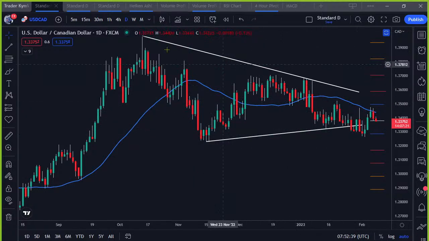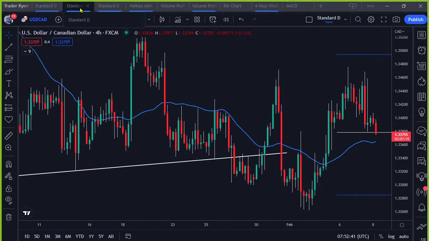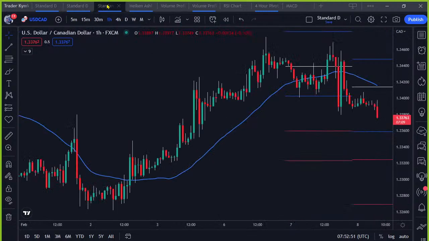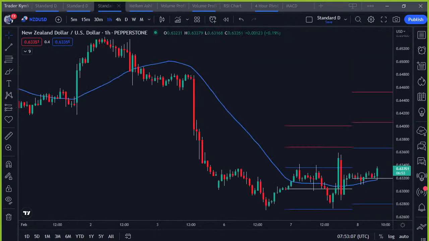Canadian dollar, this could be a possibility as well. It has actually put some lower highs in. It's just put another little lower high in there, breaking its weekly pivot. At this stage, if it breaks through the S1, it could be breaking through further. It was choppy yesterday, quite ugly, but as I said, it's just the news that came on there.